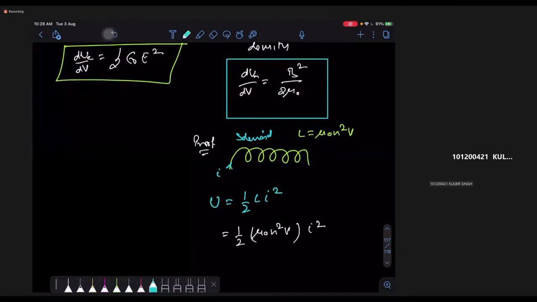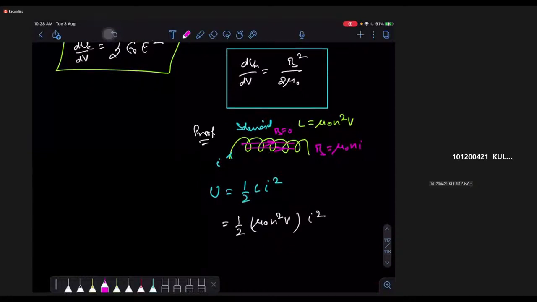We also know that the magnetic field exists only inside the solenoid. What is the magnetic field outside? Zero. Inside only we have a magnetic field, that is mu naught n I. So what can I say?